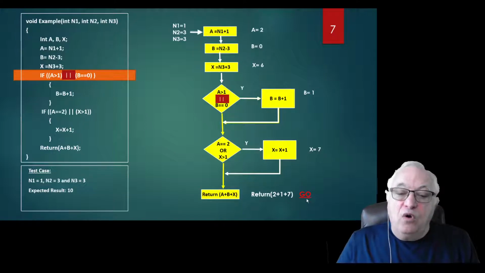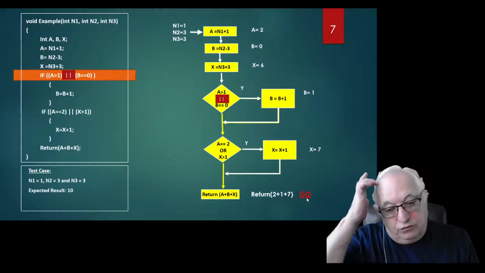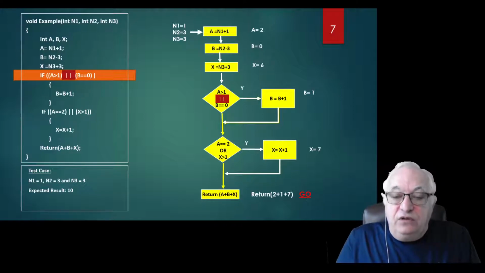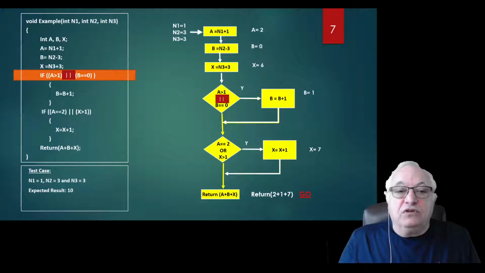Now I put a go here in red because I wanted to show you that even though we did do statement coverage, we were not able to detect a major fault, which is changing an AND for an OR. So the point is that just because you have statement coverage, you cannot say, I'm going to do statement coverage and forget about the rest.